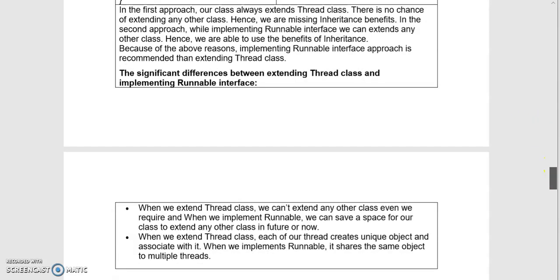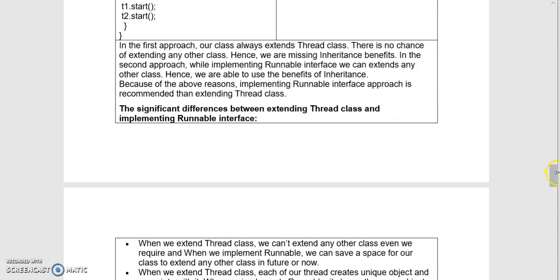Now, why do we use the thread class and runnable interfaces? Based on the fact that, if you remember the PPT that was shown before, I had said that the Java program supports single, multi-level, and hierarchical inheritance.